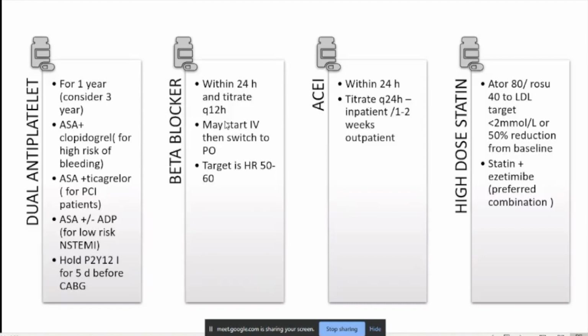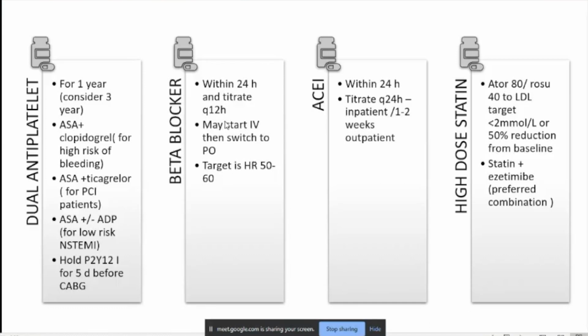Okay. Now, for low risk, like the low risk patients in NSTEMI, we can just give the aspirin, or sometimes the physician chooses not to add the clopidogrel or ticagrelor. So you can give aspirin alone too. Now, what if the patient is having CABG?